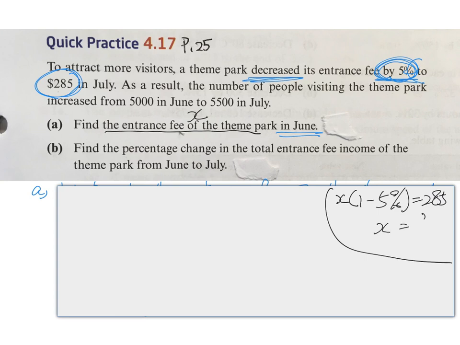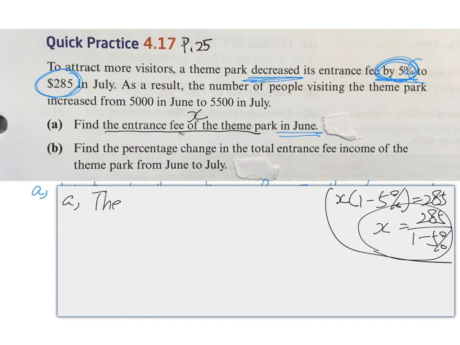Therefore, X equals 285 over 1 minus 5%. You'll notice how to find the corresponding entrance fee, or say the unknown X.